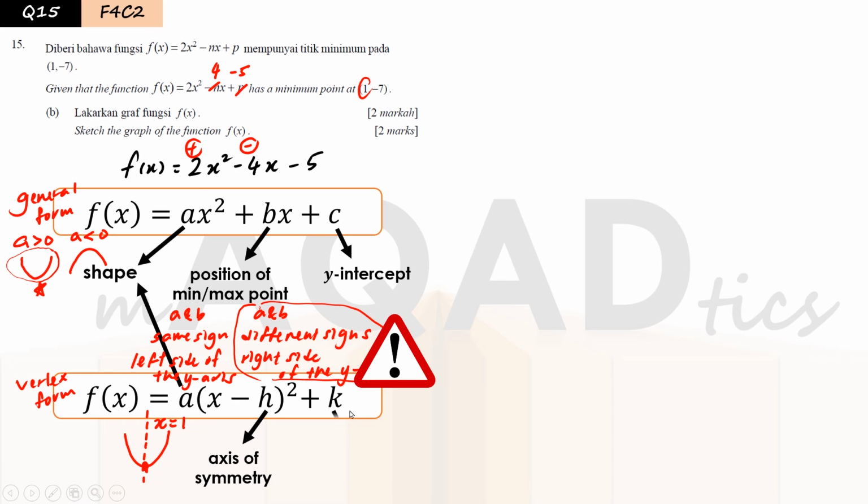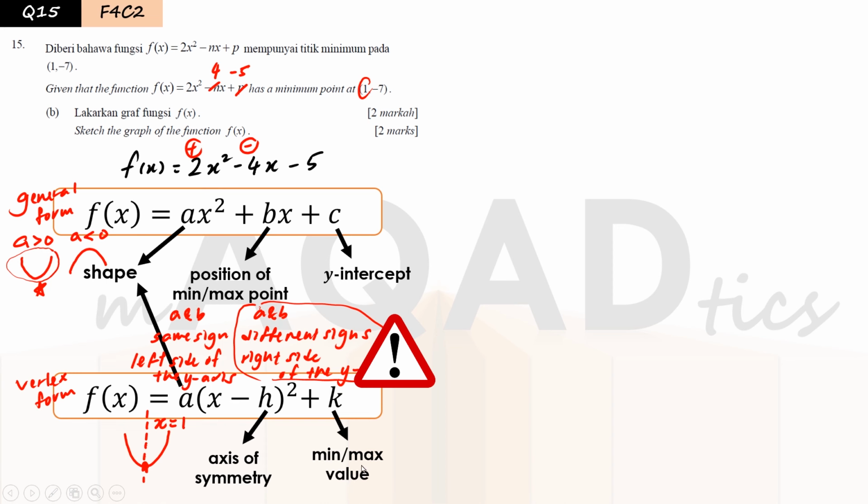Okay, so how about K? K here is the minimum or maximum value, or it actually means the y coordinate of the minimum point, which is here, -7. But for H and K, you don't have to worry that the axis of symmetry must be this line, and the minimum or maximum value must be this value.